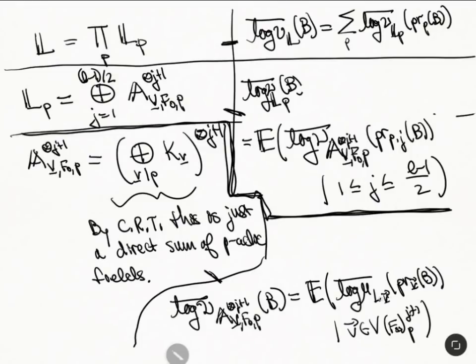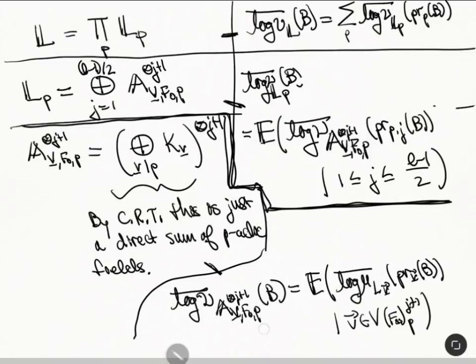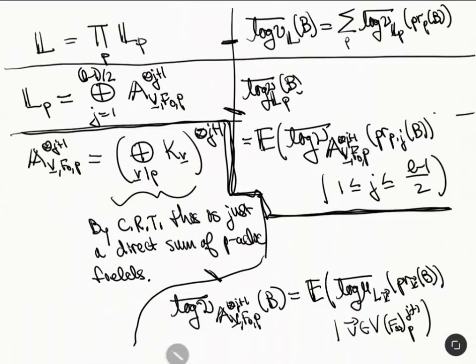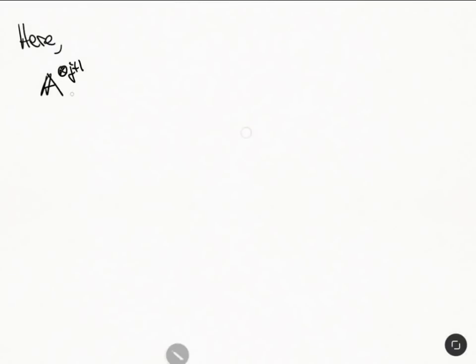So let me just say a couple other things. Okay, so let me explain what these LVs are. So here, we'll have this. So let me just write it out. A tensor J plus 1 of, so these are kind of fake adeles.